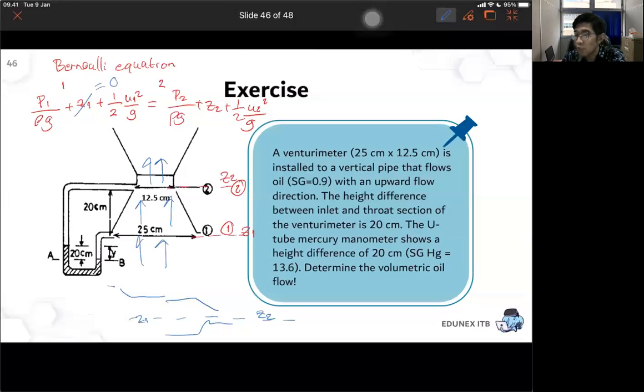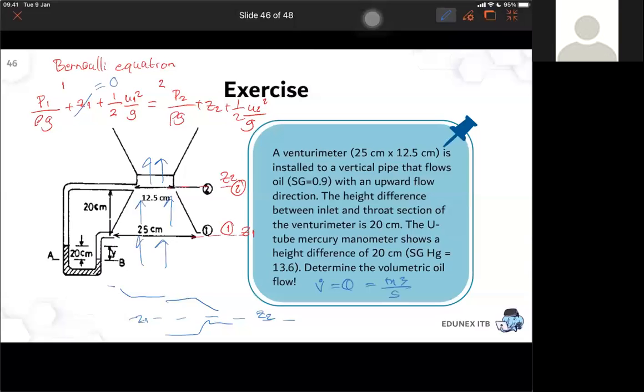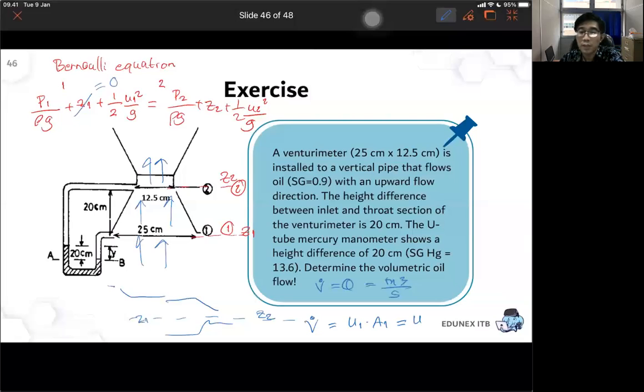And then what next? You need to calculate the volumetric flow rate. This is the debit. Debit will be density times Q. Debit is volumetric. Q is area multiplied by linear velocity. Yes, correct. Please don't forget that. Either you calculate velocity at point 1 or velocity at point 2.